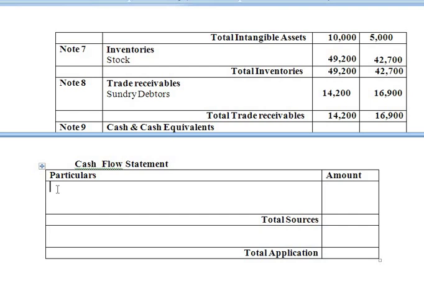Okay, so first we have to take here what? Sources of cash. Okay, so the calculation of sources of cash will be like this. First we have to take opening balance of cash. Okay, so how much is the opening balance of cash?